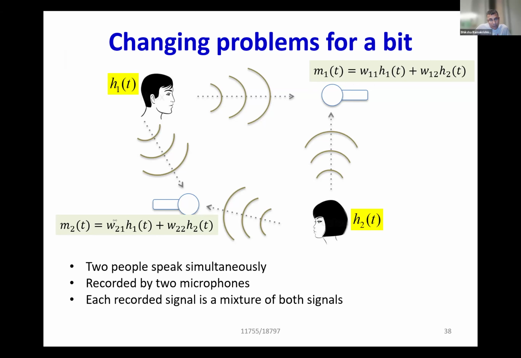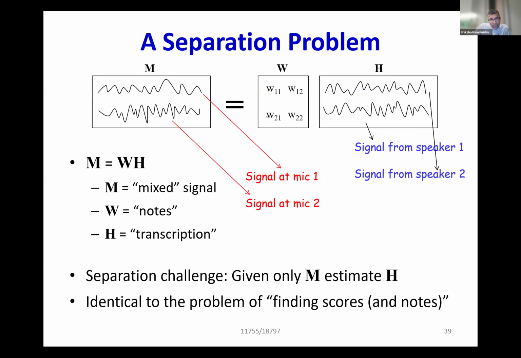Mic 2 is going to capture some other W21 times H1 plus W22 times H2. So the gains of this speaker to this mic and this mic are different. So also the gain of this speaker to this mic and this mic are different. But what happens is that each of the mics is going to capture a different mixture of both signals.